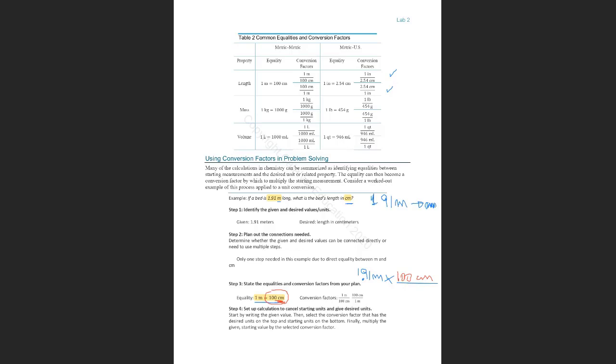So from this equality, I look at the units. To the right of the equal has the centimeter. That's what I want. It goes up. And what do I need to cancel? Whatever is in meters, because I don't want meters. I want it to cancel. Whatever needs to cancel out goes in the denominator. So that's how I do the conversion factors. Any questions there? Okay. So this is basically how you decide what to put up and down.